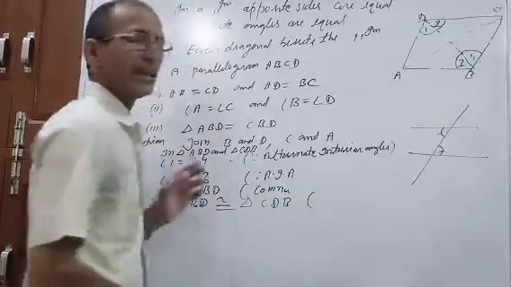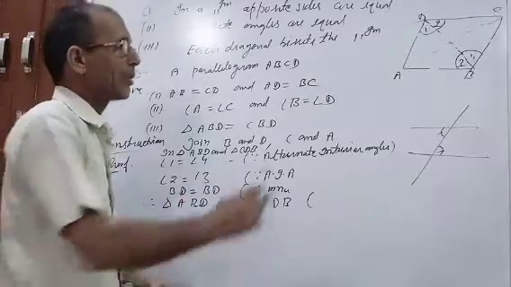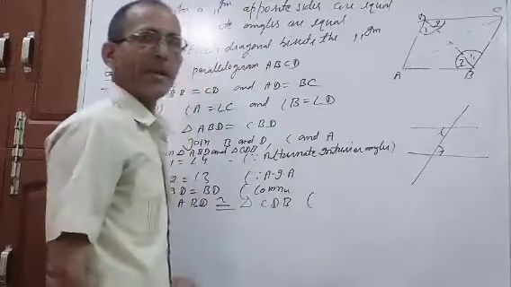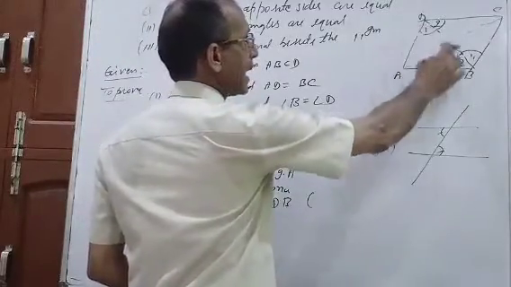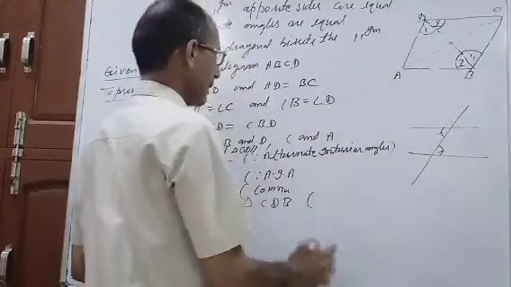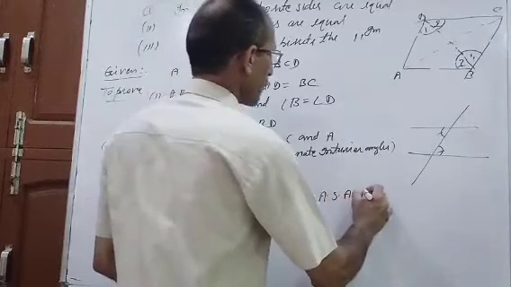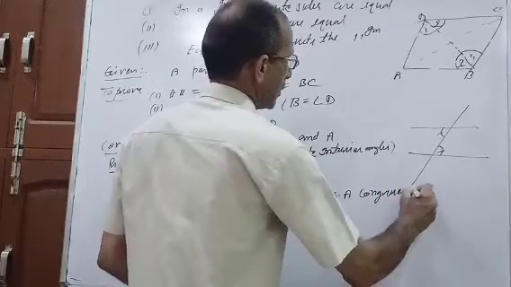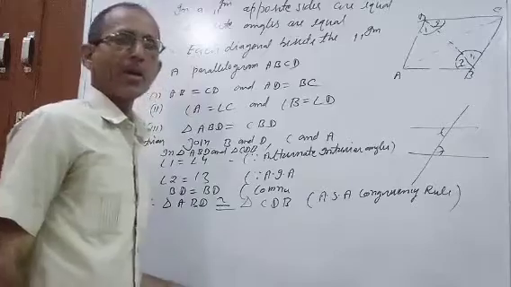For this one, you have to give the reason why I am saying congruent. There are some rules. Angle, side, angle congruency rule. If two angles of one triangle are equal to the corresponding angles and side of the other triangle, then by the angle, side, angle congruency rule, the triangles are congruent.